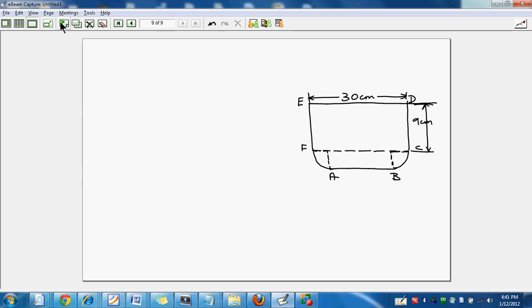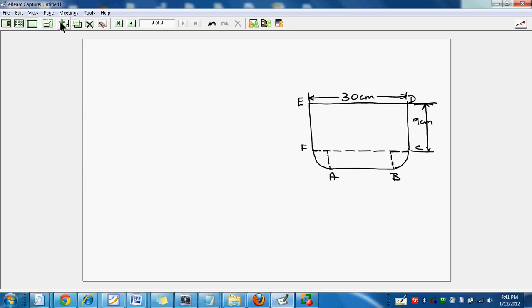Full stop. ED is equal to 30 centimeters. AB is equal to 16 centimeters. And EF equal to DC equal to 9 centimeters.